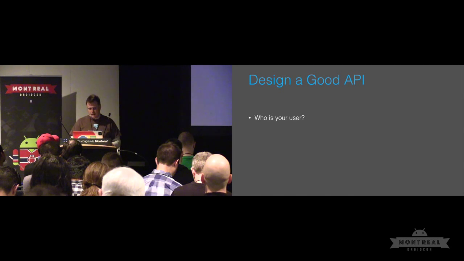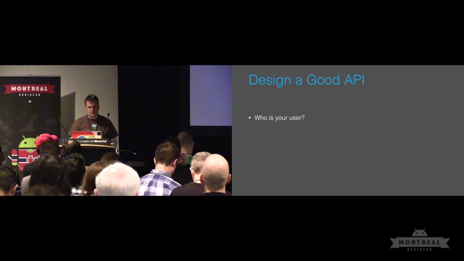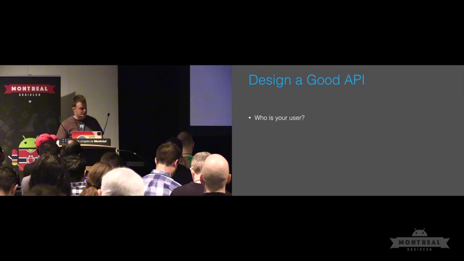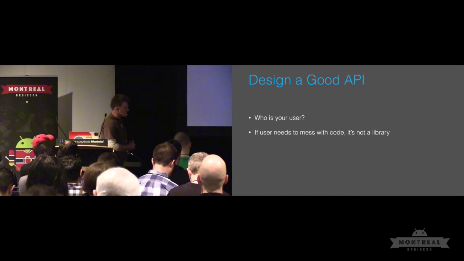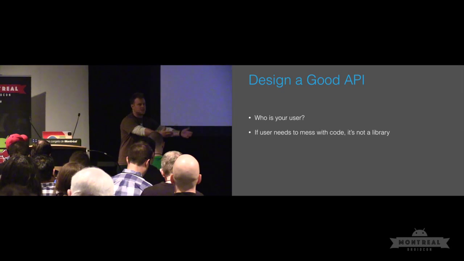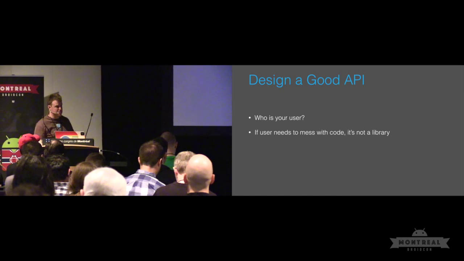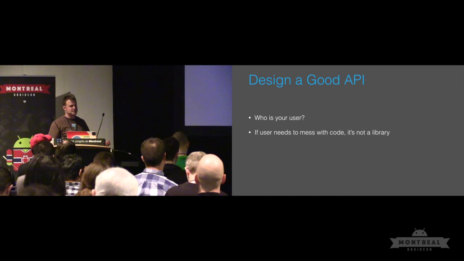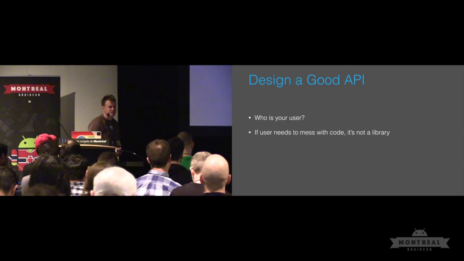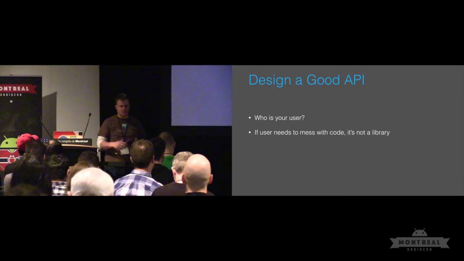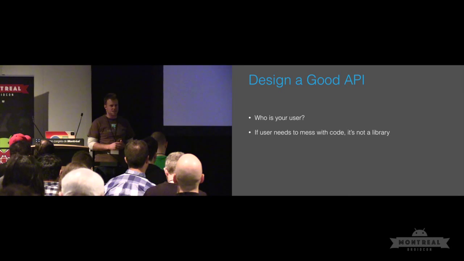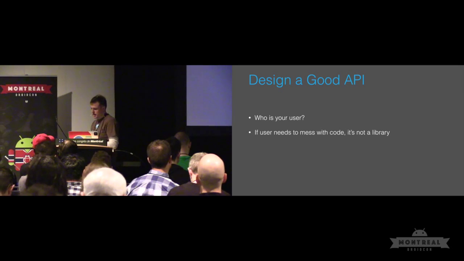One of the things that I've seen in a lot of reusable code in companies is this idea that here's the code, copy this into your thing. Well, in my opinion, if a user needs to mess with the code of your library, that's not a library, that's sample code. There are some big video streaming companies whose SDKs are really just sample code that you include in your app.